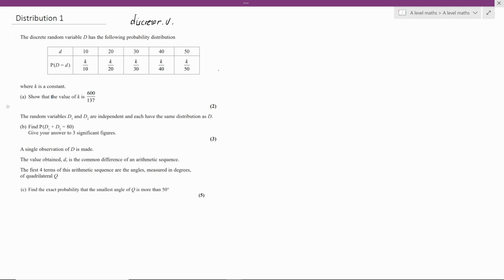So what do you think might be helpful here? I think the first thing to do here, because you can see all the probabilities are unknown, but they are linear to each other because they're some multiple of k, right?